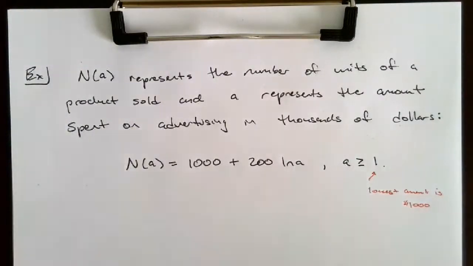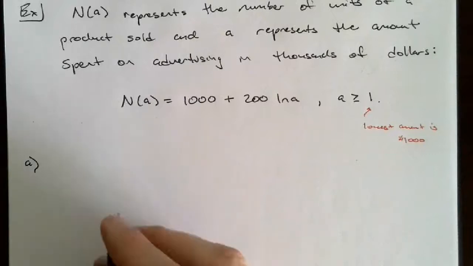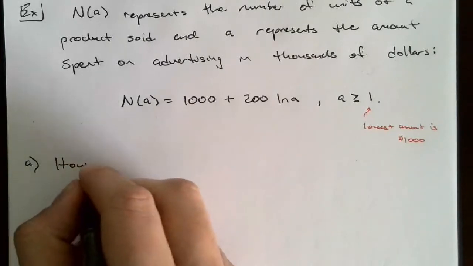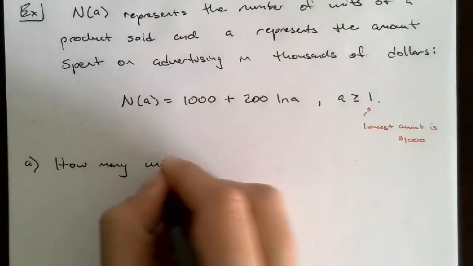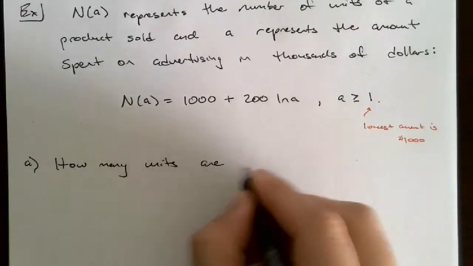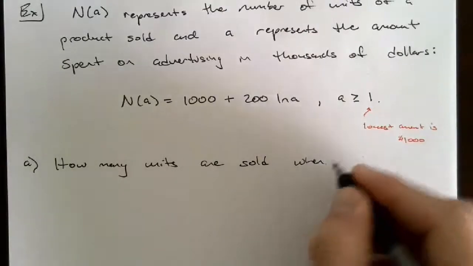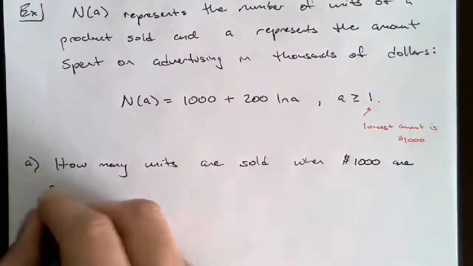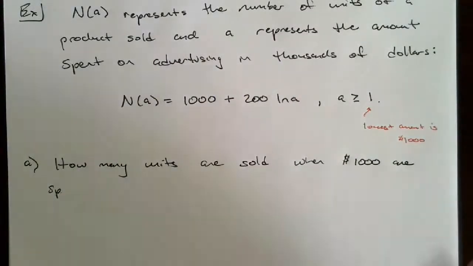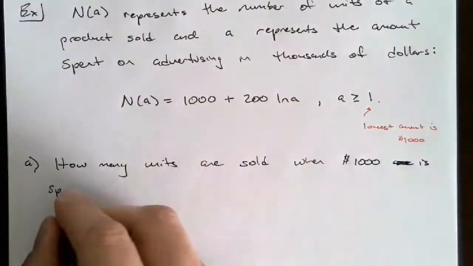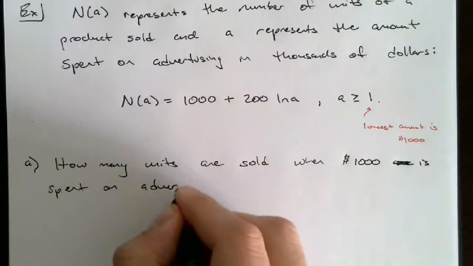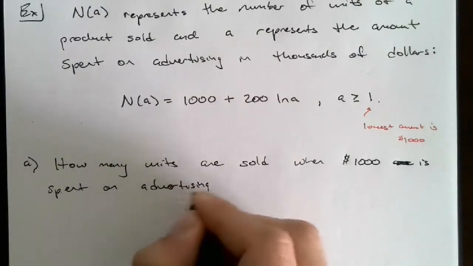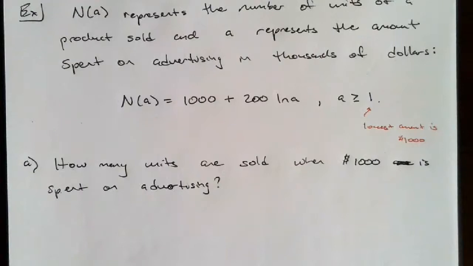So looking at this, we'll ask you a couple of questions that go along with it. So first part, how many units are sold when $1,000 is spent on advertising?